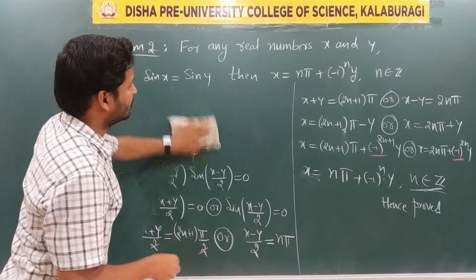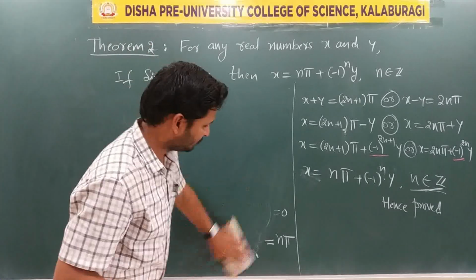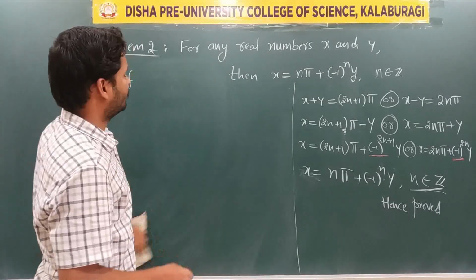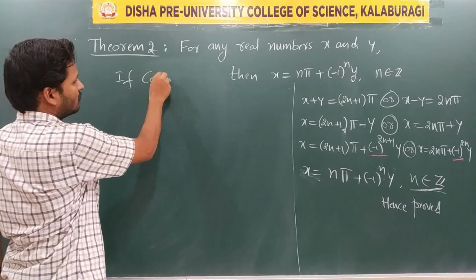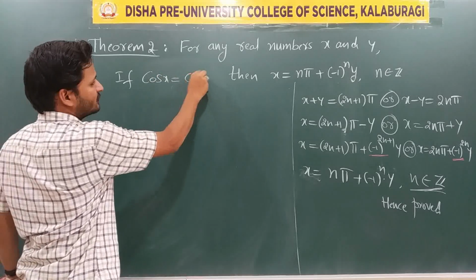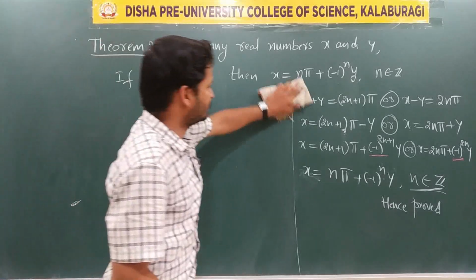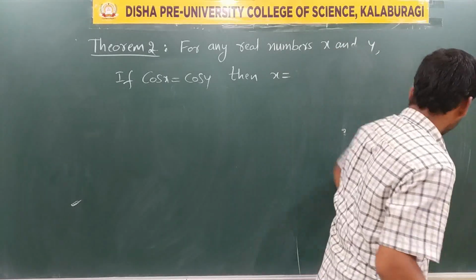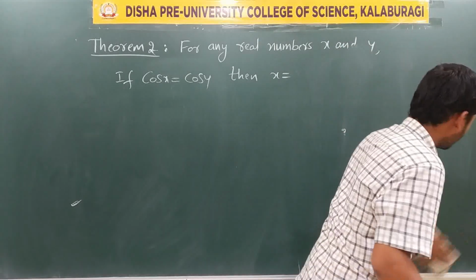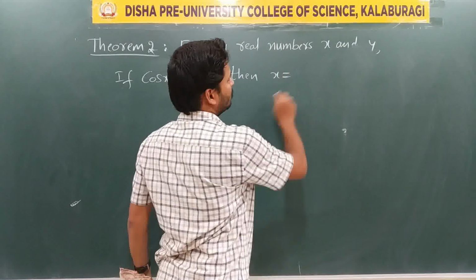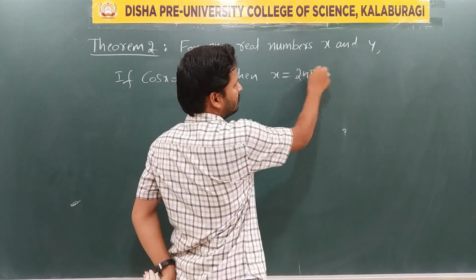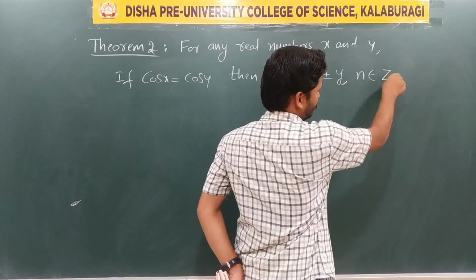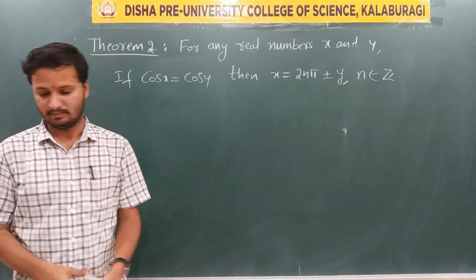For any real numbers x and y, if cos x is equal to cos y, then we need to prove that x is equal to 2n pi plus or minus y, where again n belongs to the set of integers.